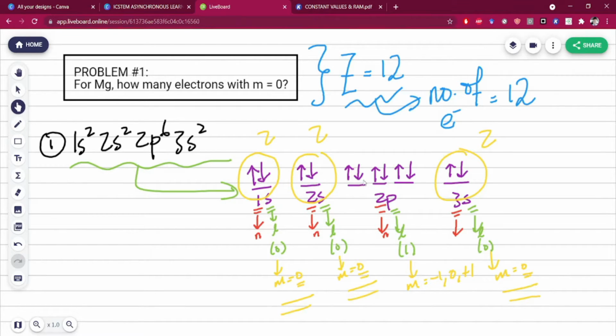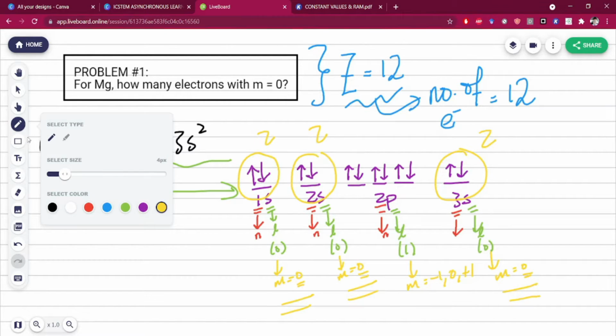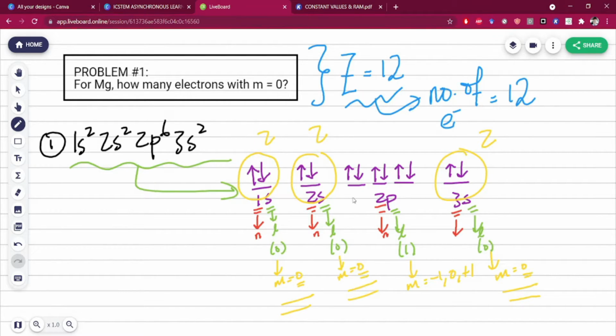Whereas for these orbitals, for your level at least, you can say that this is -1, this is 0, and that is +1. Therefore, that is another 2 electrons with m equals 0. So 2 plus 2 plus 2 plus 2, you have 8 electrons.